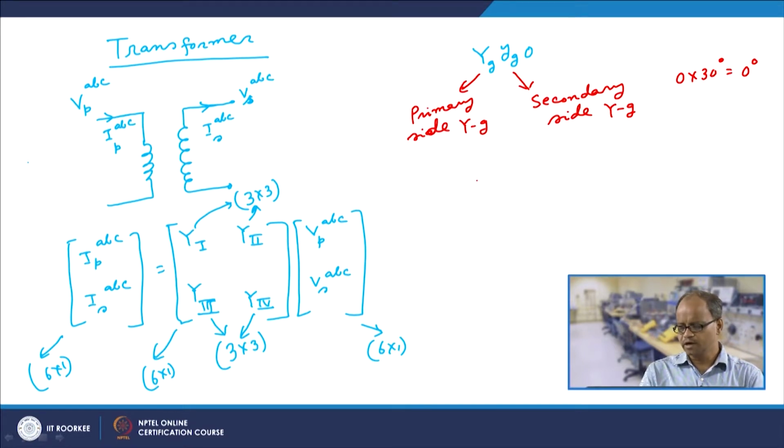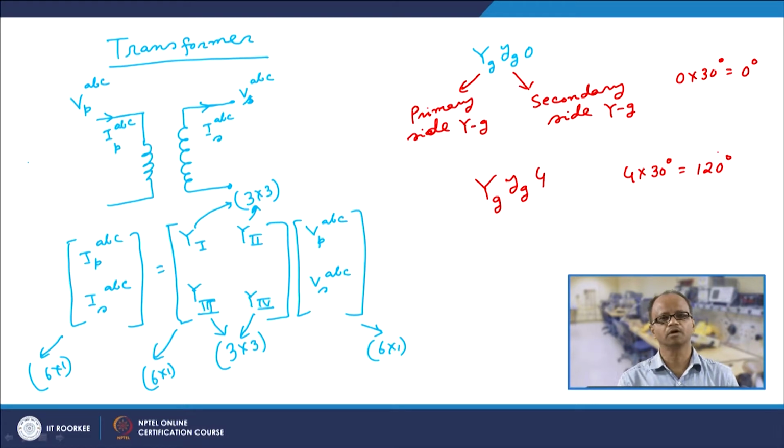Then, if I have another connection, let us say YG 4, what we will simply know from this notation is that here also our primary side is connected in star grounded fashion, and the secondary side is connected in star grounded fashion, but there is a phase difference between the phase A voltage of the primary side and the phase A voltage of the secondary side, and this phase difference is 4 into 30 degree, that is equal to 120 degree.